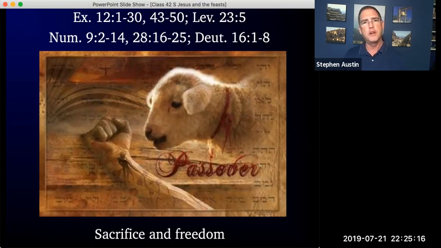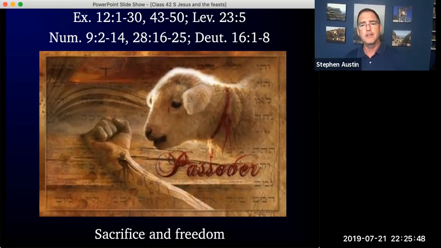And in order to prevent any firstborn of the Israelites from being killed, God said to the Israelites, take a lamb and kill the lamb, and then take its blood, and with the lamb's blood, paint blood on the doorframe of your houses. And when the angel of the Lord is sent from the Lord and sees the blood that's painted on the door frames of your houses, then that angel will pass over the houses and your firstborn will be safe. And so that's what happened.